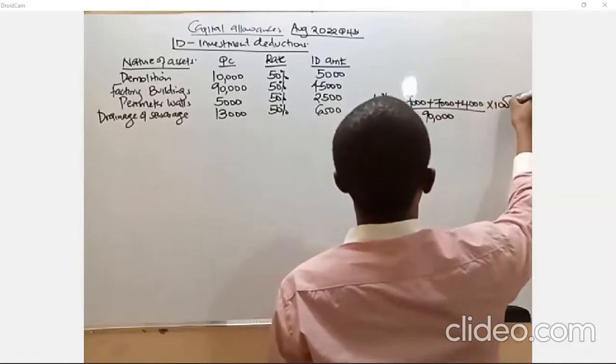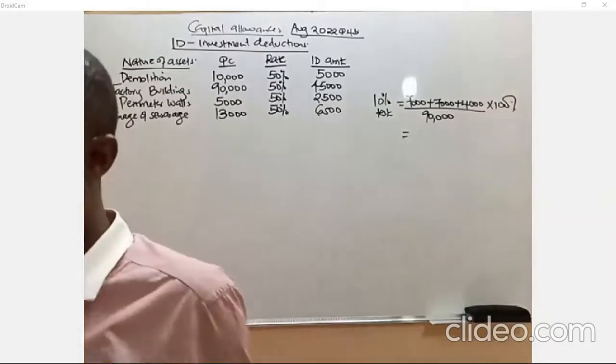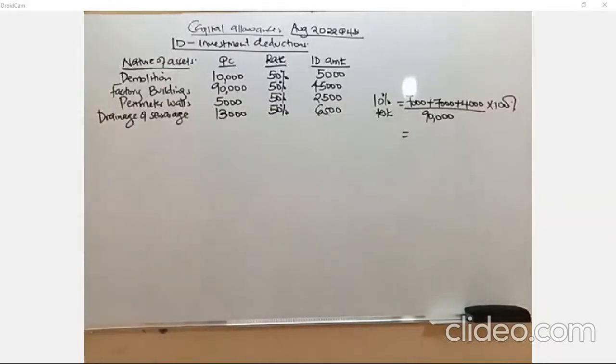In this case, we talk about 9,000. Then you multiply by 100%. How much is our 10% test? So in this case, you just take your calculator here. It will be 18,000 divided by 90,000, right?